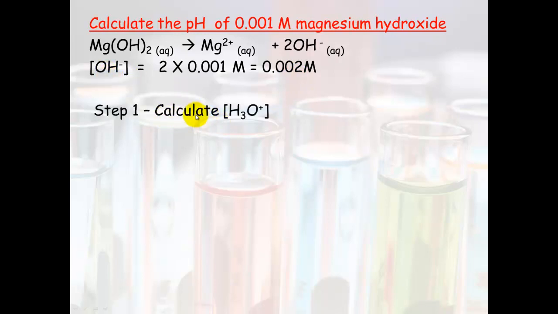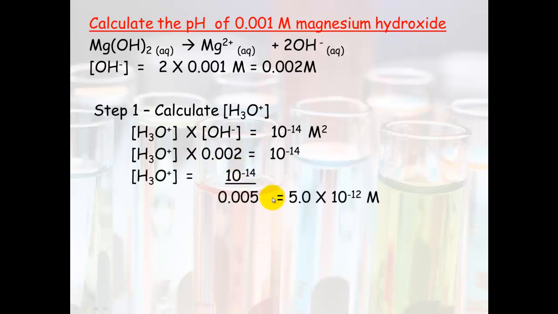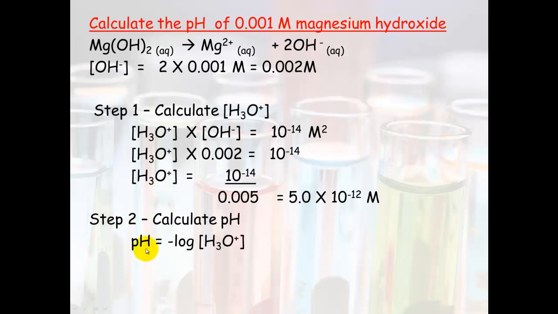So again, step 1, just calculate your hydronium concentration using this formula. Step 2, once we've worked that out, we use this concentration here, which is the hydronium concentration. We pop that into step 2 and we can calculate the pH. So pH equals negative log hydronium concentration. Pop that into your calculator and you'll get a pH of 11.3.